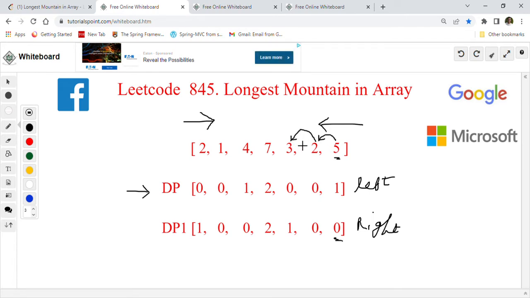Sorry, the next element that we are looking at, basically what we are checking is, for this element, is this smaller? So what we are checking when we are going to the right side is we want to check if this next element that we are checking is bigger than this element.